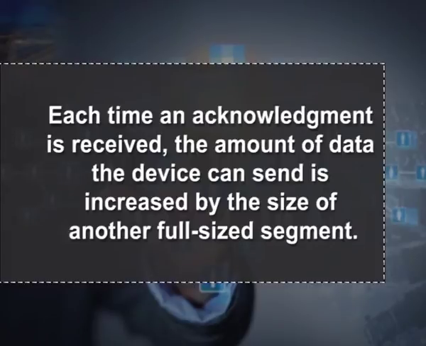Each time an acknowledgement is received, the amount of data the device can send is increased by the size of another full sized segment. Thus, the device starts slow in terms of how much data it can send, with the amount it sends increasing until either the full window size is reached or congestion is detected on the link.